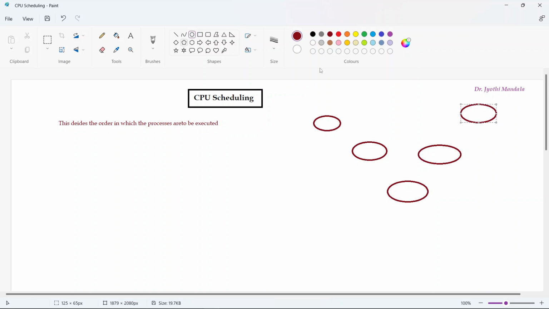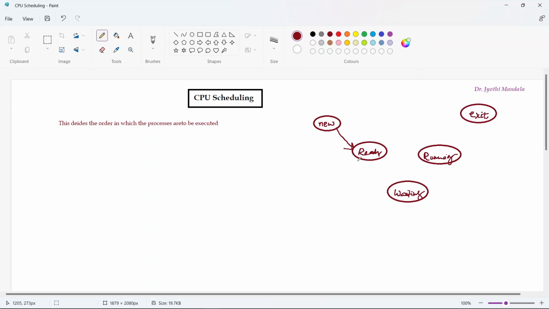I hope you all can recollect these things. This is called the new state, from where a process will be moved to the ready queue, and then we have a running state. This is what we learned in the process state diagram concept, and then this is called a waiting or blocked state, and then this is called the exit or terminate state.